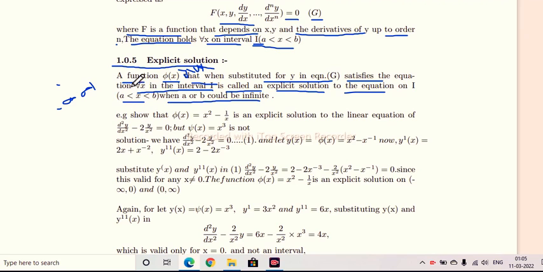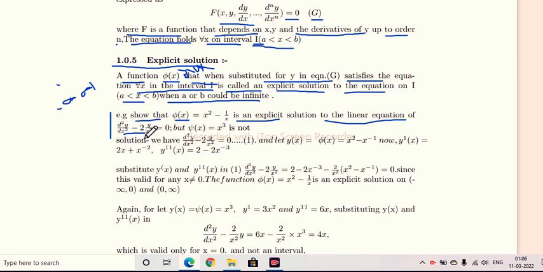Now we understand this explicit solution by an example. Show that phi(x) equal to x square minus 1 by x is an explicit solution to the linear equation d square y by dx square minus 2 times y by x square equal to 0.